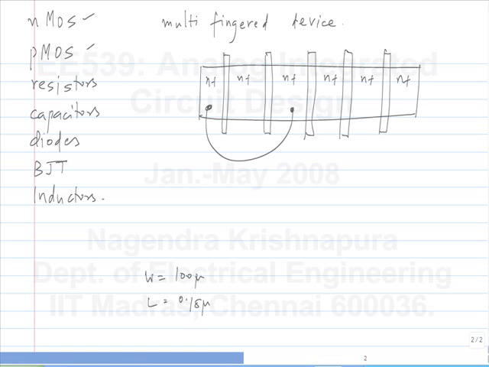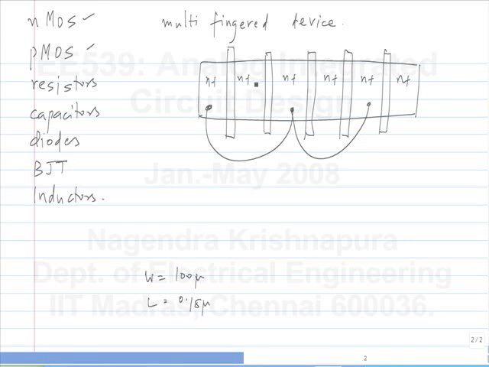So you connect this to this to this, and this to this. This is like connecting the 5 transistors in parallel. So you can use one side as the source, the other side as the drain. This is what you normally do. You take some reasonable width, typically a micron or 2, but it can be different from that, and then you connect a number of such devices in parallel to get the desired width.